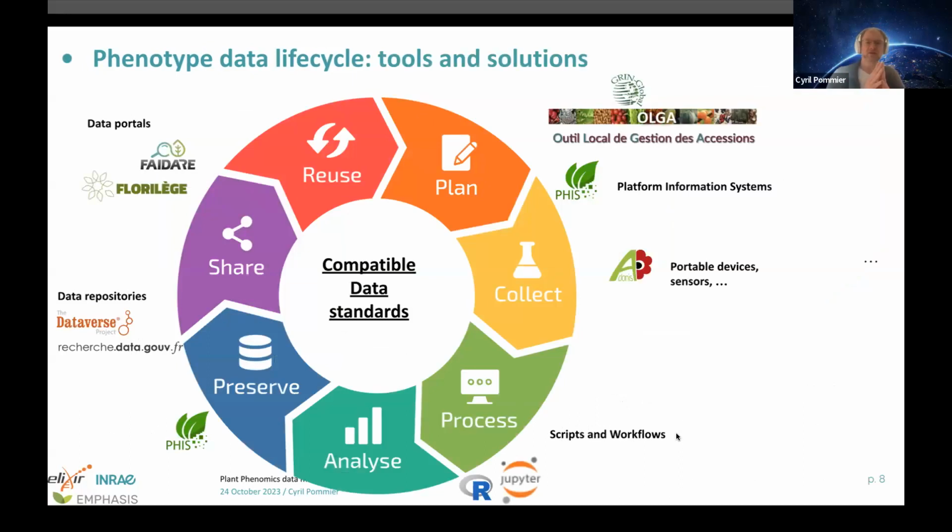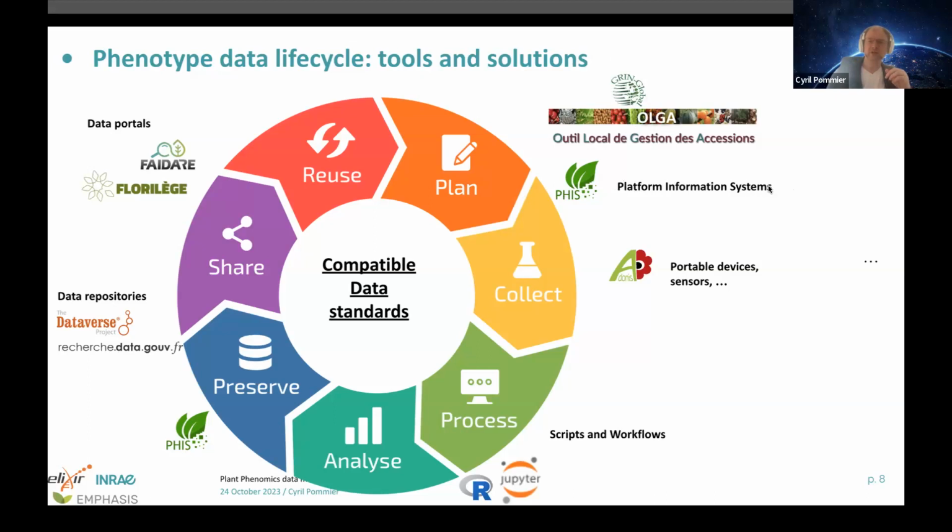There are several tools and solutions available alongside this phenotype data cycle. We first need planification tools, which include genetic resources management systems that allow us to release the collection, to get access to the collection, and so on.